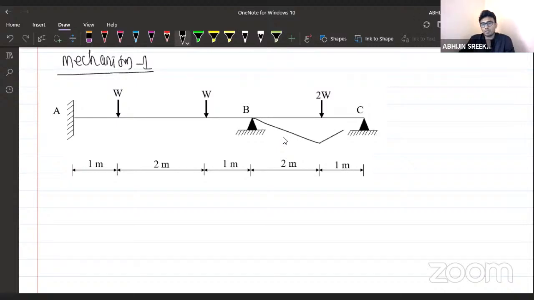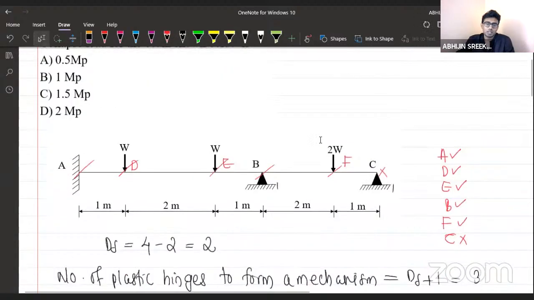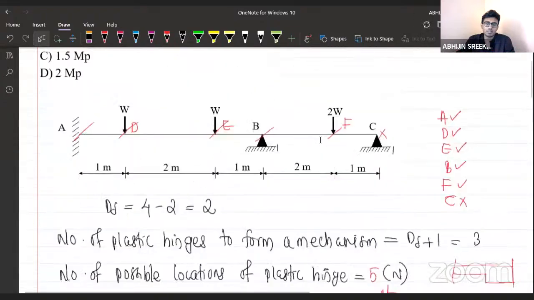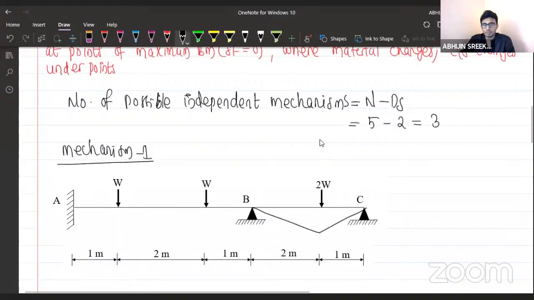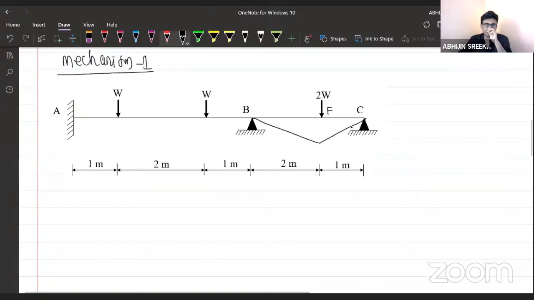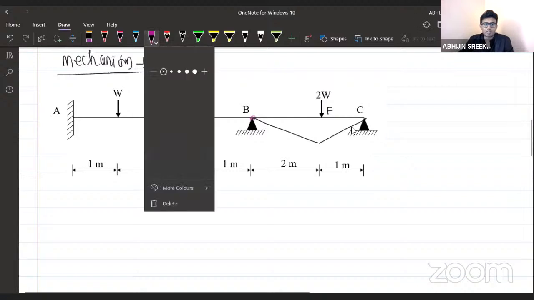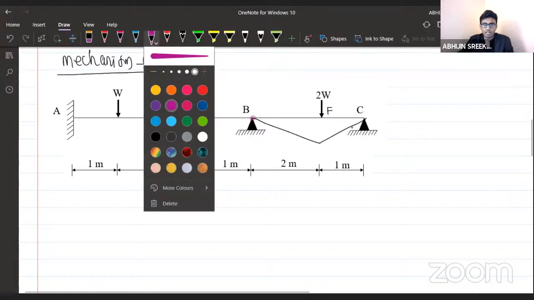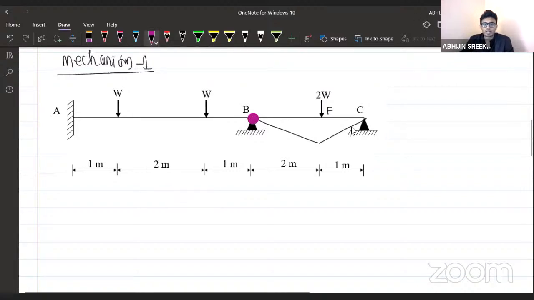In this mechanism, where will the plastic hinge be formed? Let's see, will there be any plastic hinge formation? Yes, there will be. I'll be having a plastic hinge here, and I'll be having a plastic hinge here.